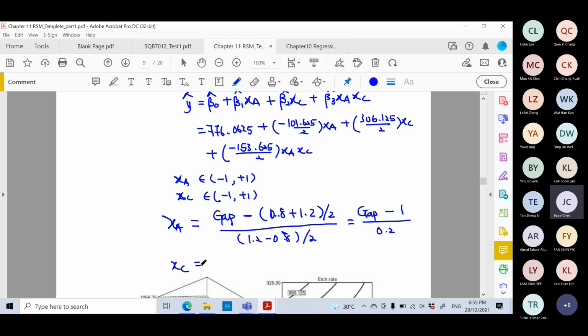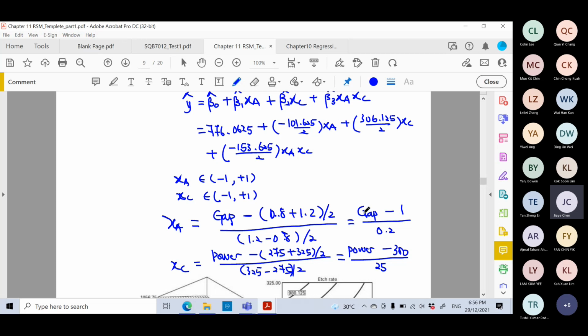For XC, XC refers to the power minus the average. The average is 275 plus 325 over 2, divided by 325 minus 275 over 2, which gives 25. To confirm whether your answer is correct or wrong, you just substitute the original gap.